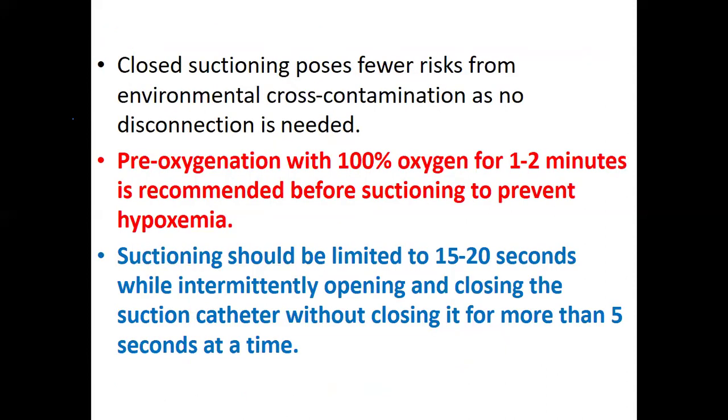Closed suctioning poses fewer risks from environmental cross-contamination as no disconnection is needed, because you are just operating on the already established structure, as opposed to open suction where you pull out the secretions, then reconnect the patient.